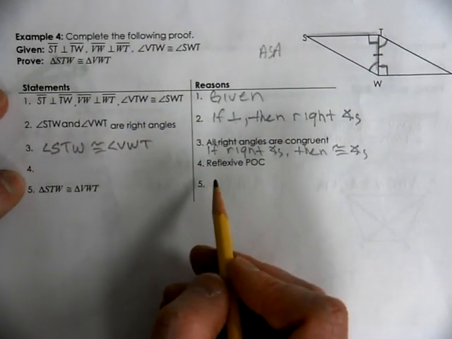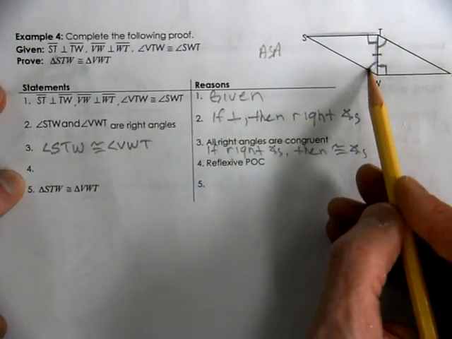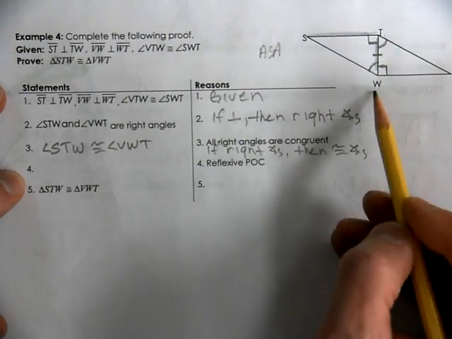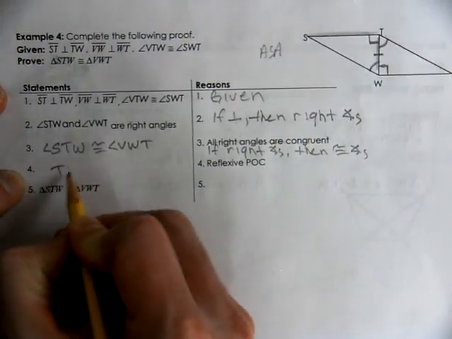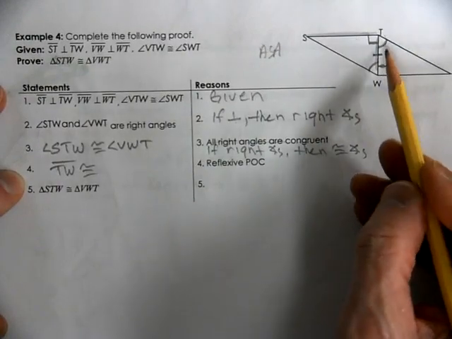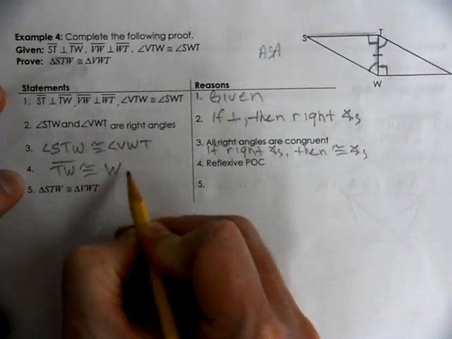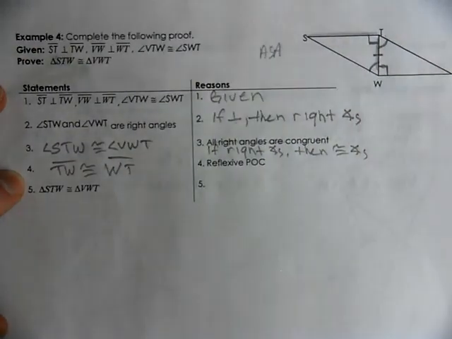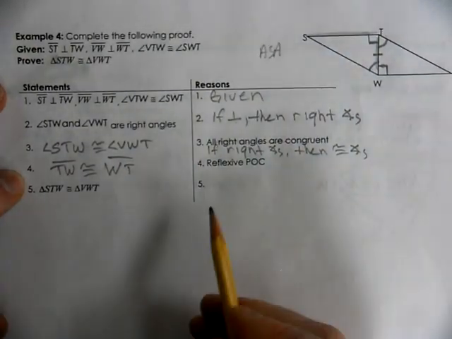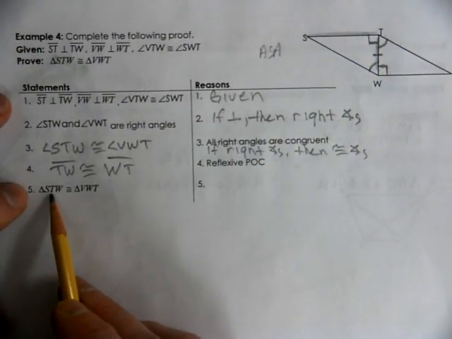The reflexive side. Going from the 90 degree down to the angle tick mark, we got TW. From the 90 degree to the 1 tick mark, we got WT in the other triangle. So that's why I'm labeling those in a different order. That's the reflexive property because that segment's in both triangles.